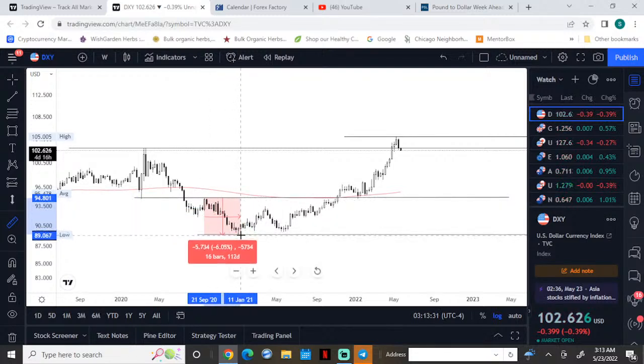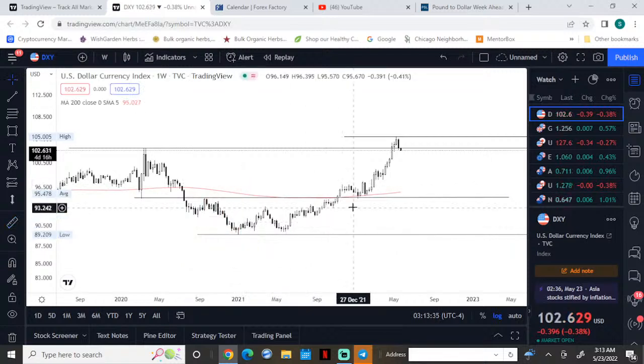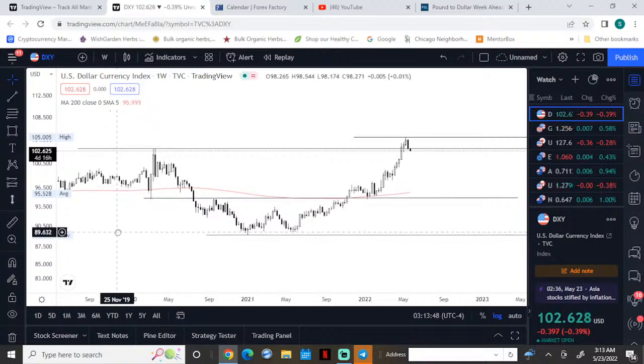That's a nice drop right there. And then it came back through, broke, retested. So this is where we are right now. Look at that, that's looking nice. The dollar. So it's looking like we might expect the dollar to keep selling, at least for today.